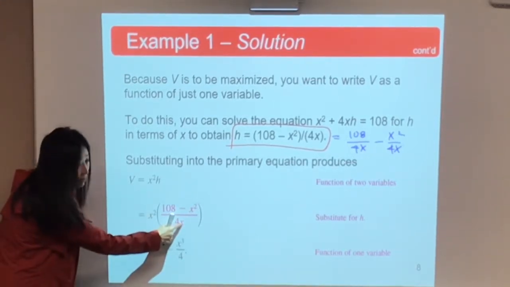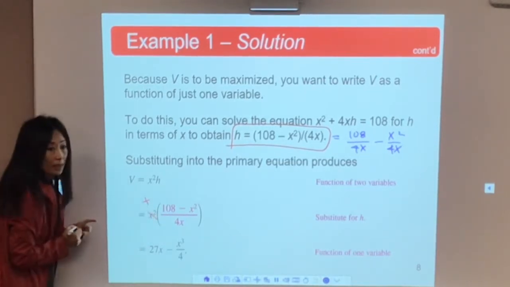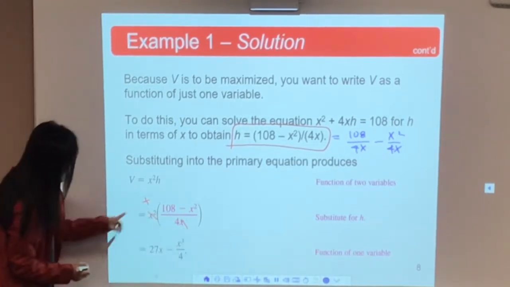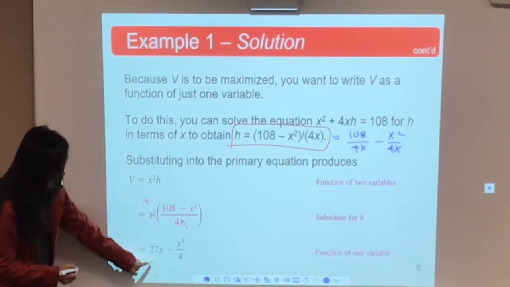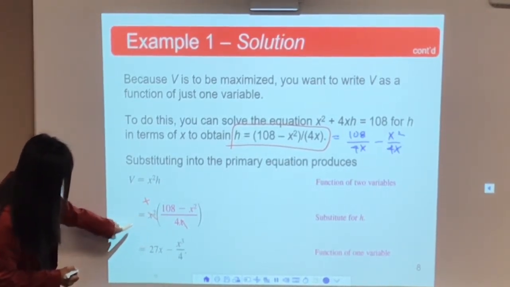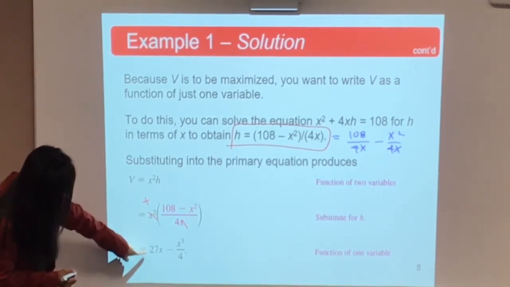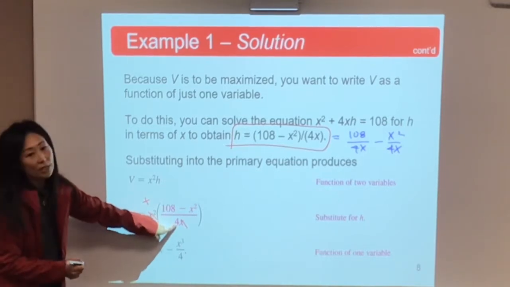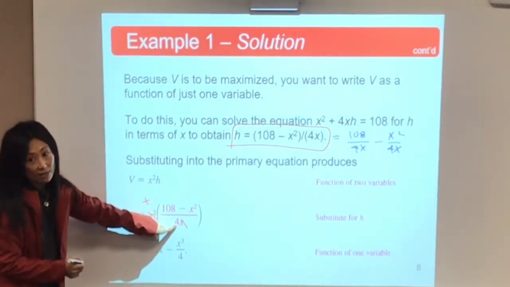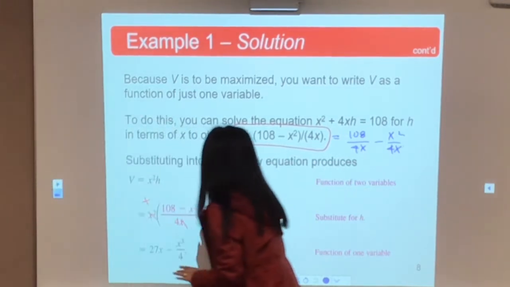So now, does everybody see how they simplify? x times this gives you what? Only one x left, and that cancels out. So x times this gives you what? All right, which one are we going to do first? Okay, 108 divided by 4, what's that equal to? 27. Is everybody with me? So let's rewrite this problem like this.